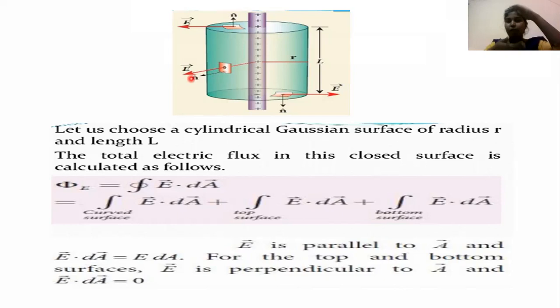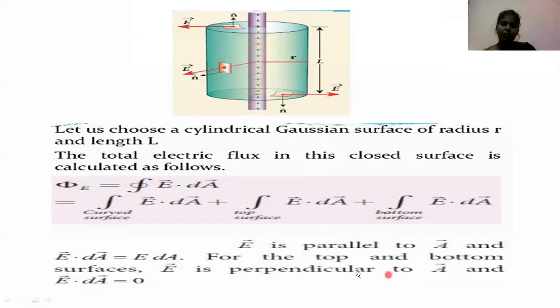So the curved part contributes flux as E is parallel to dA, and E dot dA is E dA, since cos 0 is 1.